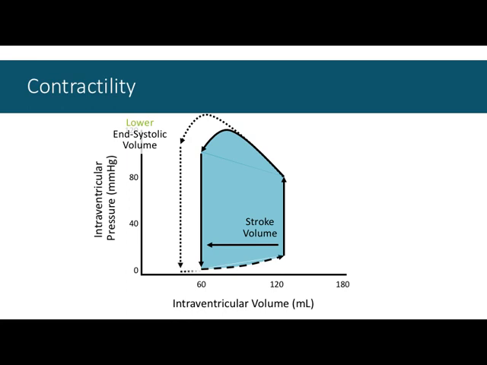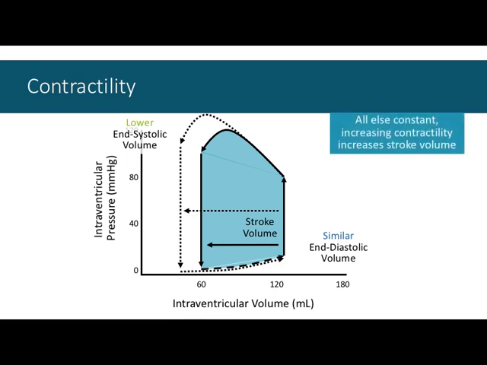Lower end systolic volume, but the same end diastolic volume, again, means more stroke volume has occurred, more blood has been ejected. You can start to imagine, what if contractility and preload were both increased? You'd have an additive effect.